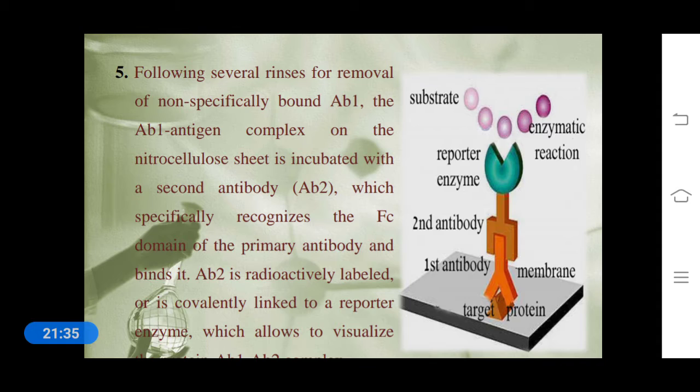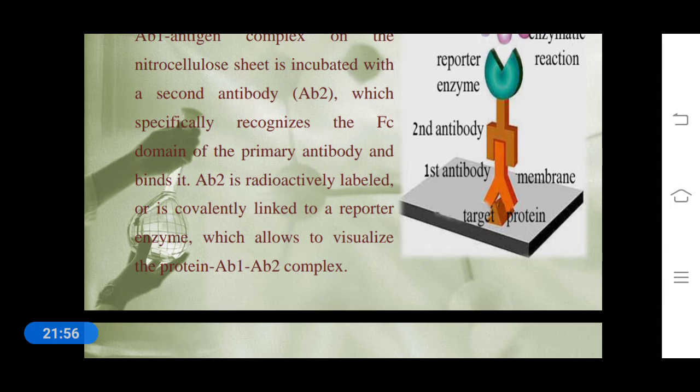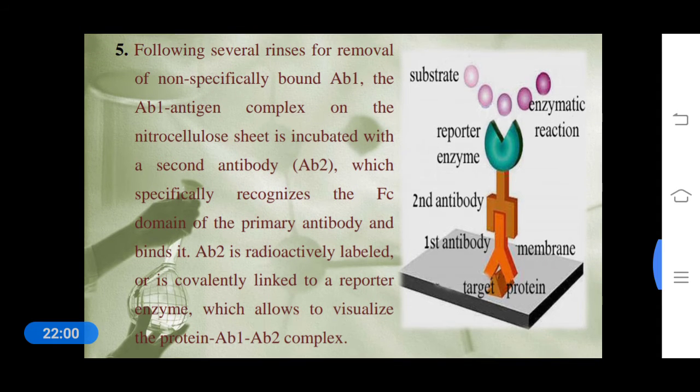Here the secondary antibody is radioactively labeled, and it will be covalently linked to a reporter enzyme. This will have a reporter enzyme binding site, and this will allow us to visualize the protein AB1 AB2 complex.